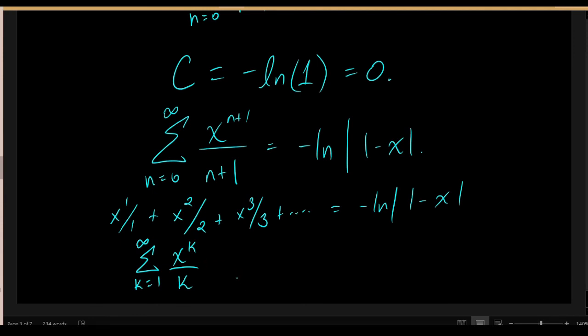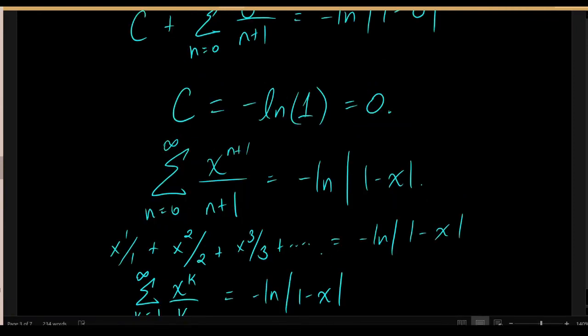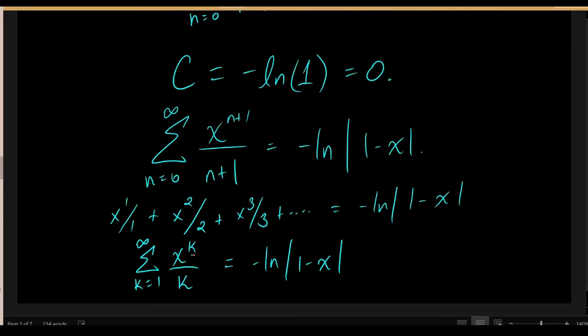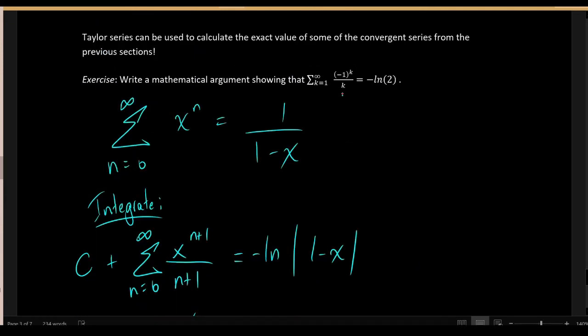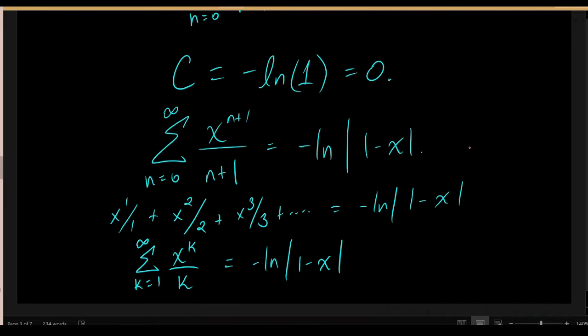If k is 3, we get x cubed over 3, and so on and so forth. Now, we have made sure that our series is in exactly the same format as the series that we were given in the equation that we're trying to prove. The only difference now is that the series that we were given has a negative 1 to the k instead of our series, which has an x to the k.